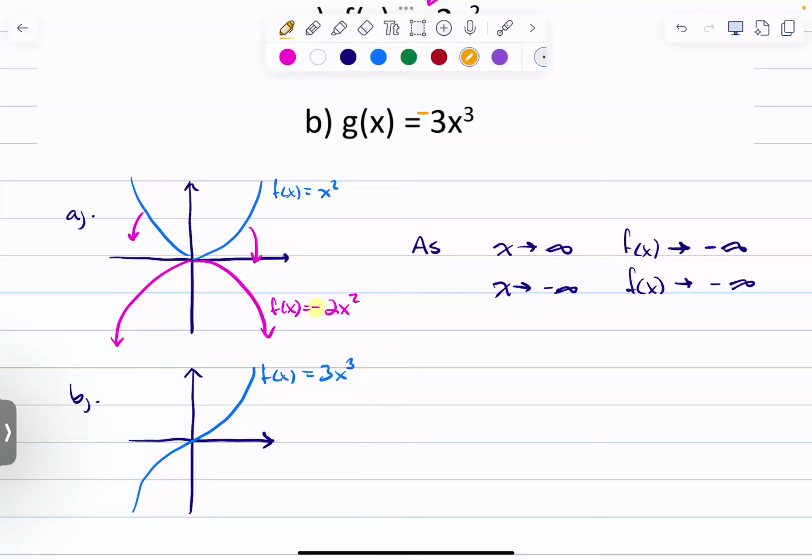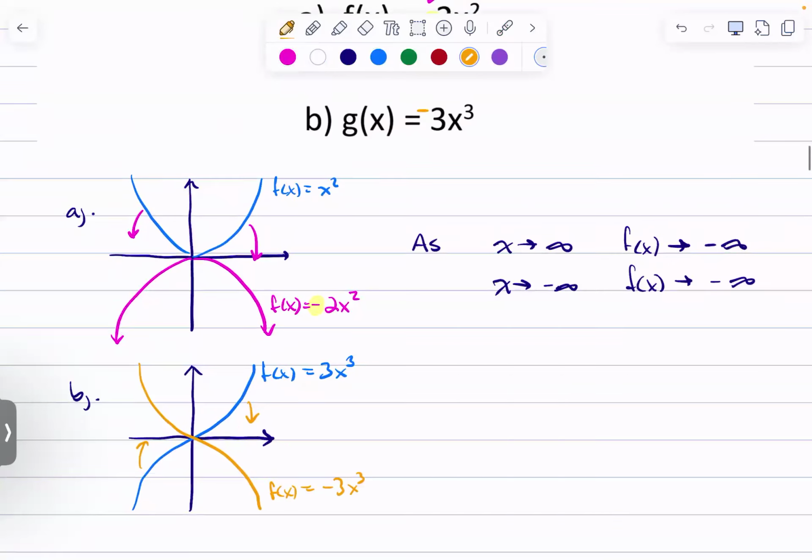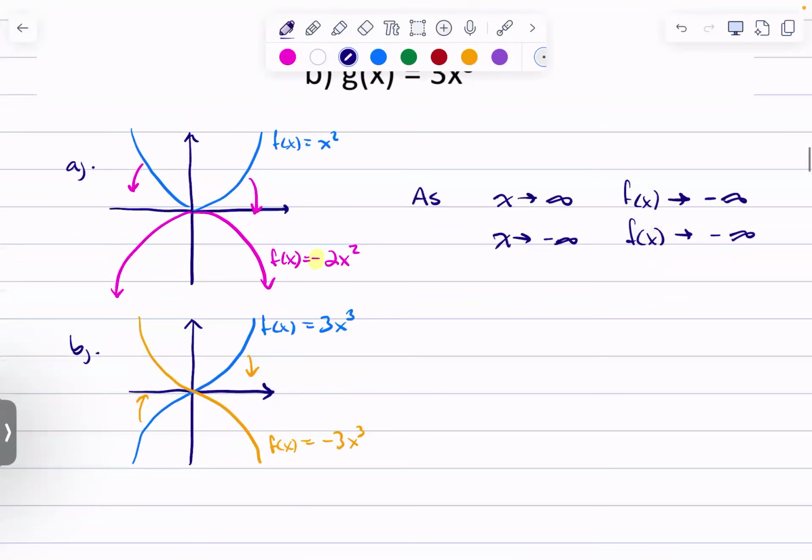You still have to flip it on the x-axis. I just find this one is a little bit harder to visualize, but it'll look like this. If you wanted to talk about f of x is negative 3x to the 3. Let's do both.